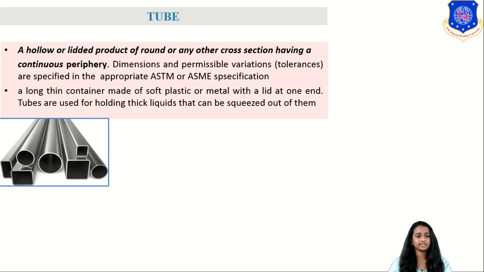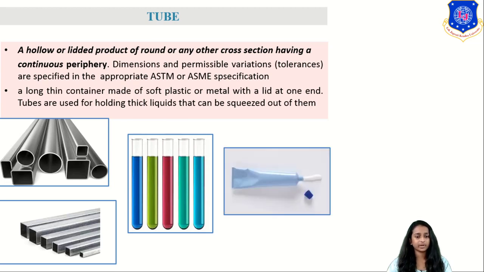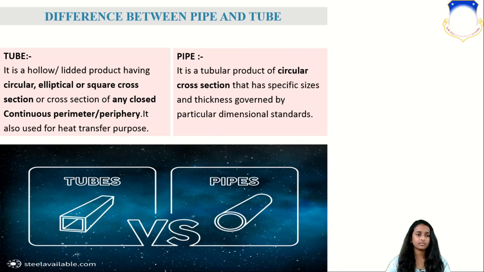Both authorities give the specific standards and regulations for the manufacturing process. As you can see from the figure, a test tube is also an example of a tube and has a leaded end. The second example is toothpaste, which can hold liquid and can be squeezed out of it.